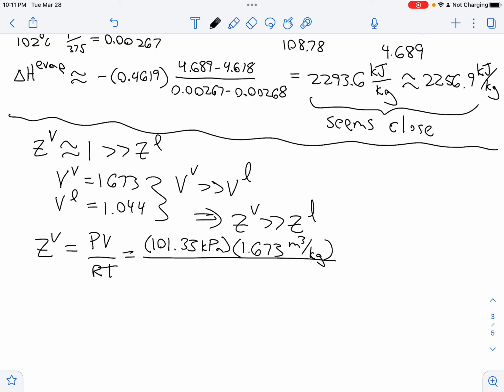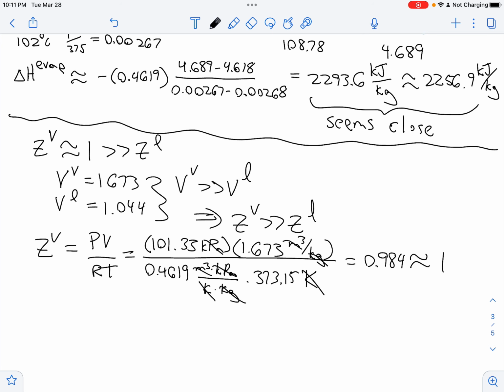And R is 0.4619. The units are meters cubed kilopascals over Kelvin kilogram. Kilograms cancel, meter cubed cancel, kilopascal, and then we need temperature, 373.15. I don't know why I suddenly added the 0.15, but that is correct. And so this comes out to 0.984, which I would say is pretty close to 1.